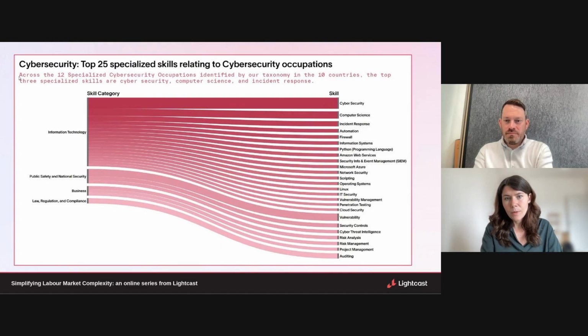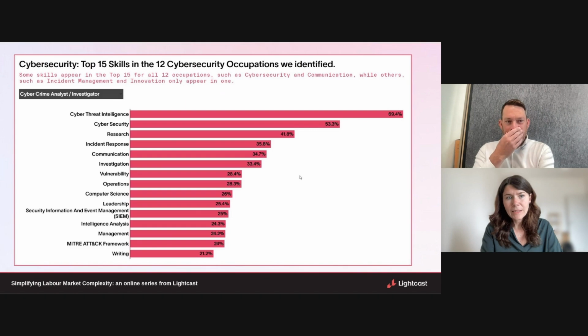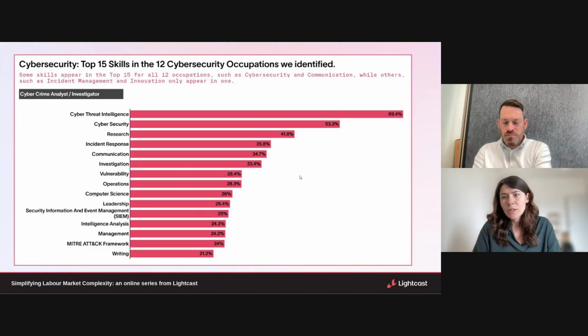And just to bring it home, this last slide, again, on the website, you can actually pick your occupation, but this brings it home by combining the occupation with the specific skills that are required in that occupation to give a clear picture of what it means in practice to be a cybercrime analyst or investigator in this case, and the type of skills that are required, which can then be used for curriculum planning for courses related to cybersecurity, can be used for L&D from a company perspective if they want to do it in-house, or it can be used for recruiting.